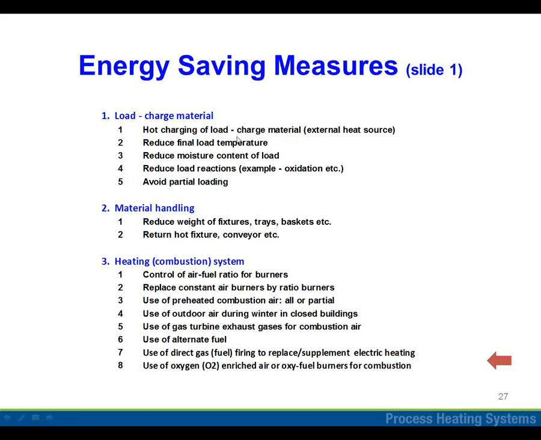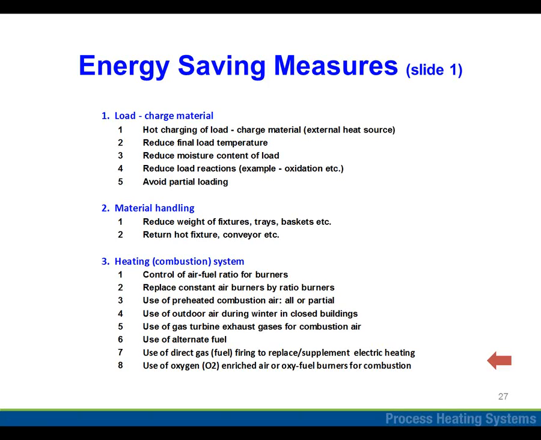If we can hot charge the material, or preheat the material, for example, scrap preheating in the case of arc furnaces, or hot charging directly from the caster to the furnace itself, or even preheating it by an external source, that is one of the most commonly used and recommended methods.